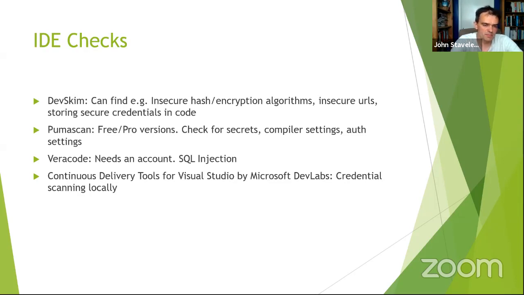Then you get into the paying ones. So you've got Scan, a free and a pro version. Checks for secrets, compiler settings, auth settings. Veracode, you need an account to run it. Checks for SQL injection. And also continuous delivery tools for Visual Studio and Microsoft, where you can do cred scanning locally.